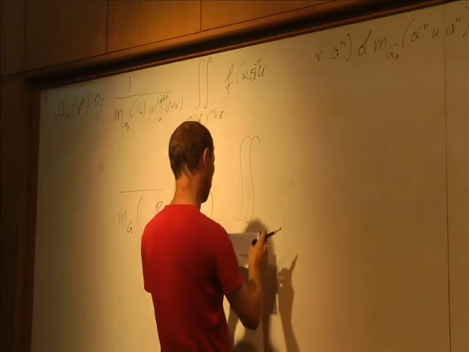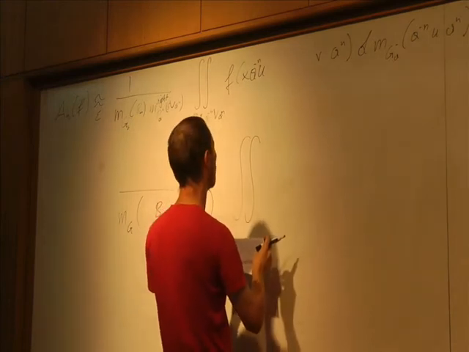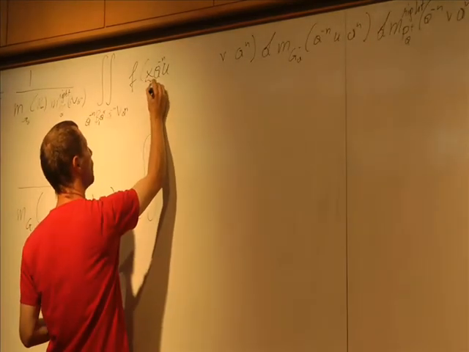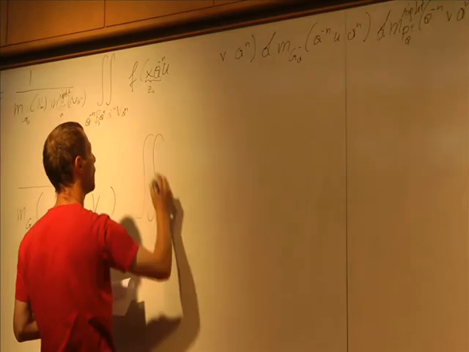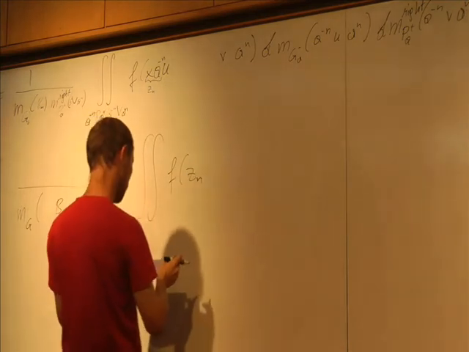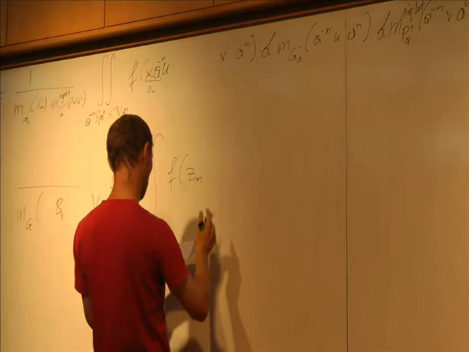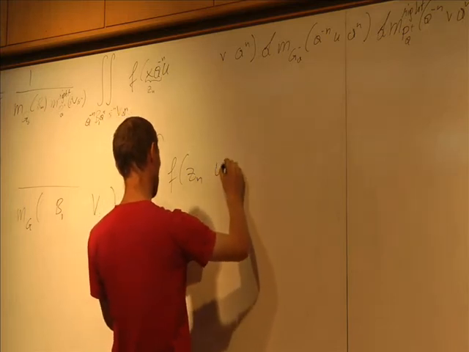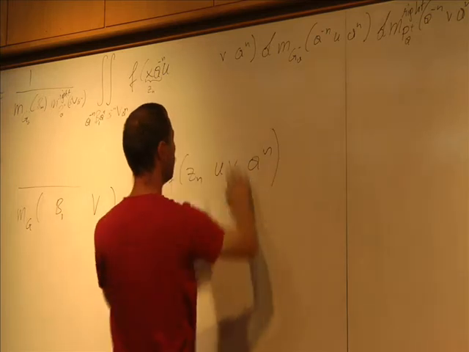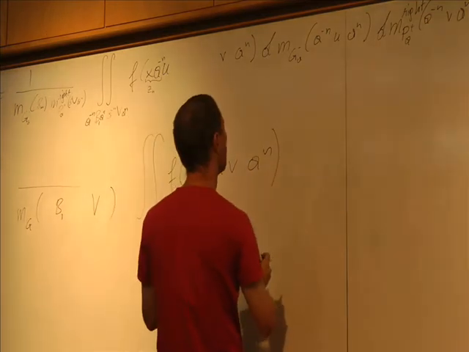And I want to introduce now a new point, namely this point here. I call it Zn. I get f of Zn. And then I get points u, v, a to the n, right? That's what I have here.